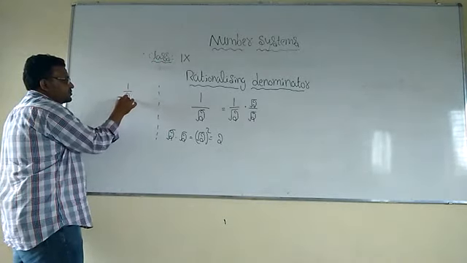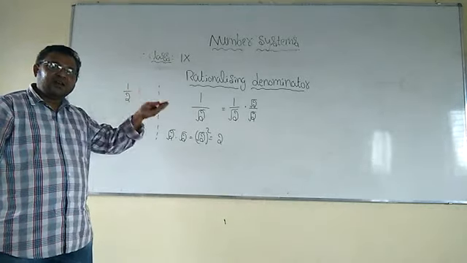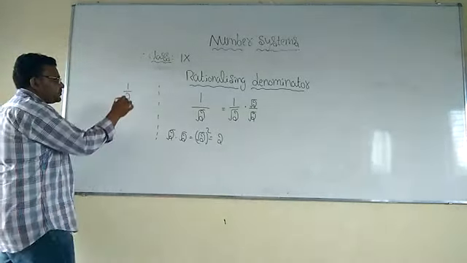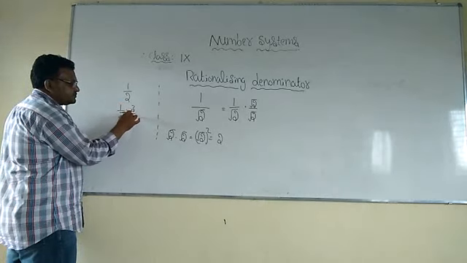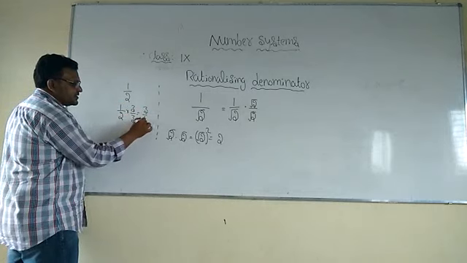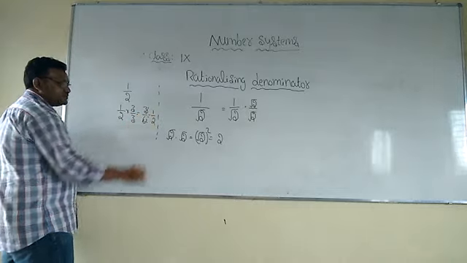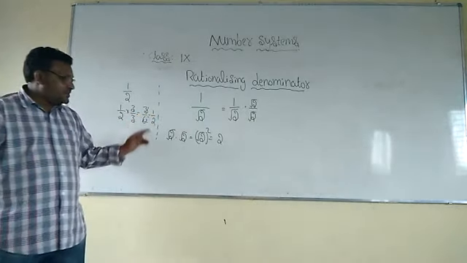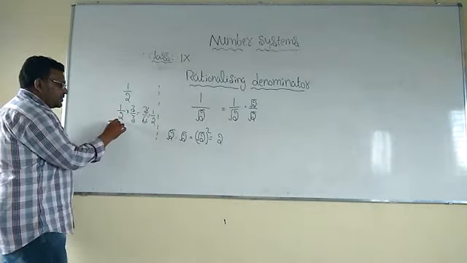Take 1 by 2, multiply both numerator and denominator by any number. I am multiplying with 3. Then what will happen? 1 3 is 3, 2 3 is 6. Again you cancel: 3 1 is 3, 3 2 is 6. So the fraction will be what it was earlier. Once more, 1 by 2.